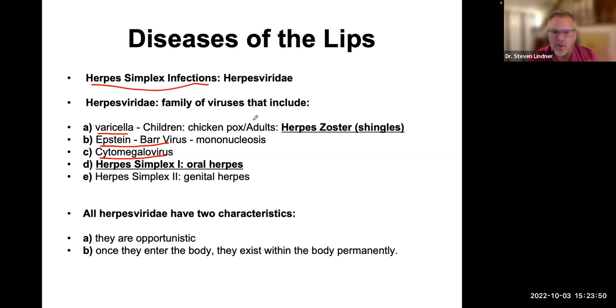Chickenpox can often result later in life in herpes zoster, aka shingles. Shingles tends to follow nerves. They tend to follow the path of intercostal nerves, which are the nerves between the ribs, but it can also follow the cranial nerve, especially cranial nerve 5, the trigeminal nerve, so it can affect the face.